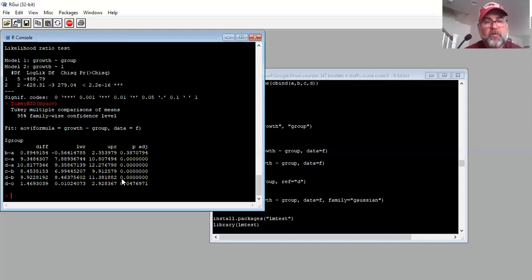So our F test for the entire model was statistically significant, so we move forward with Tukey's test. Okay, here's what we get. Here's groups. A versus B, C versus A, D versus A, C versus B. And the reason we do this instead of just doing t-tests is that we inflate our type 1 errors.